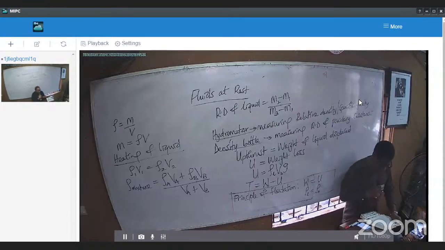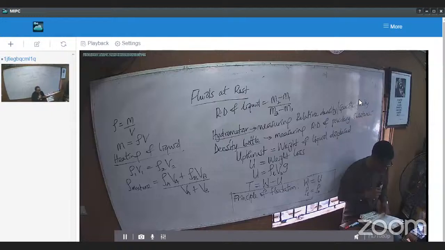Question 1. A piece of iron weighs 400 Newton in air and 250 Newton in water.